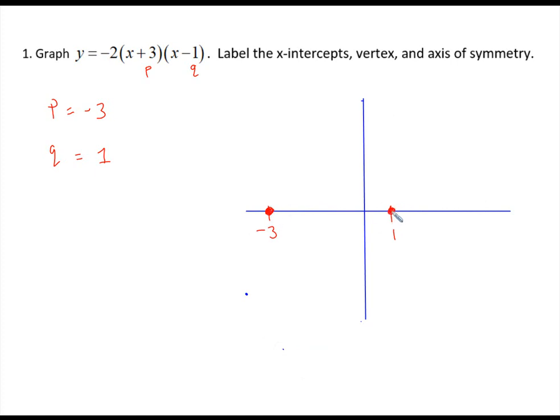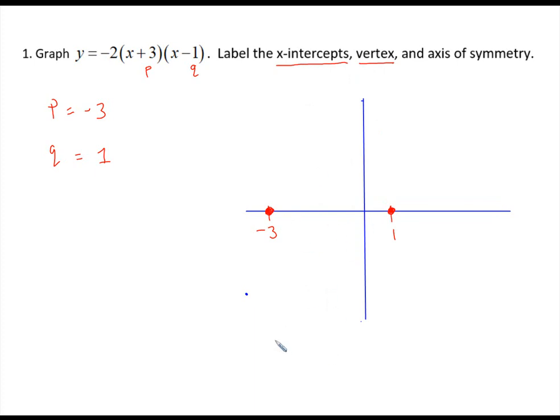So here are our p and q values. Now we found the x-intercepts. The next thing we need to find is the vertex. Like I told you, the axis of symmetry is halfway between the p and the q values.